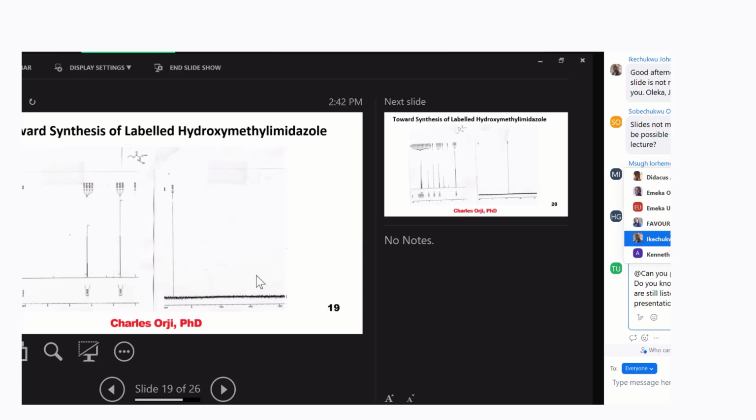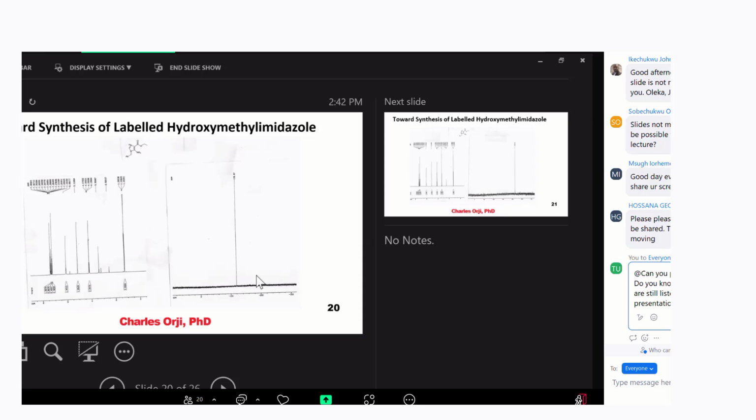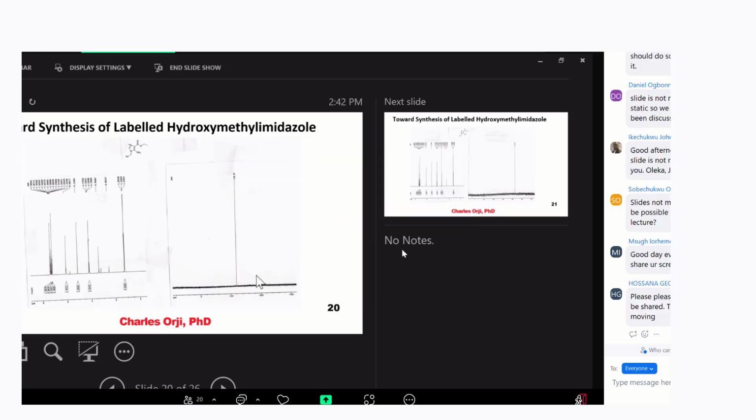Now we have it the other way where there is a ring closure, and you can see it's at about -118 because now it's part of that ring. And we see the ethyl group, the benzylic CH2, and then you have the NH2, which is integrating to less than 1 because of exchange.